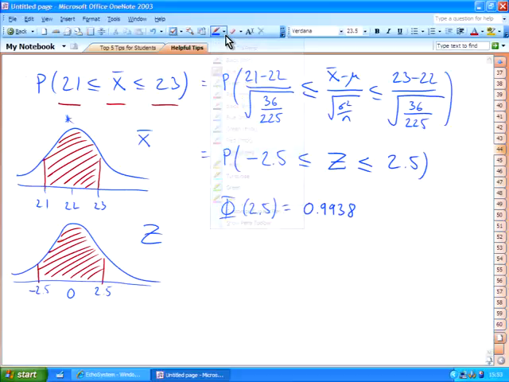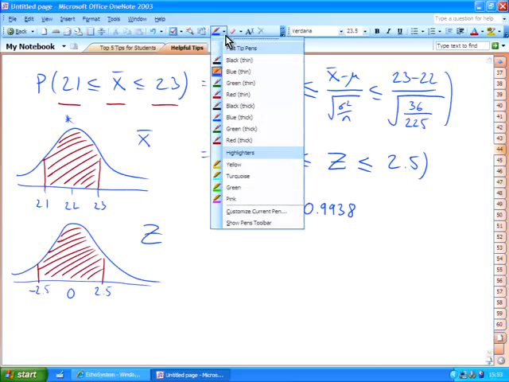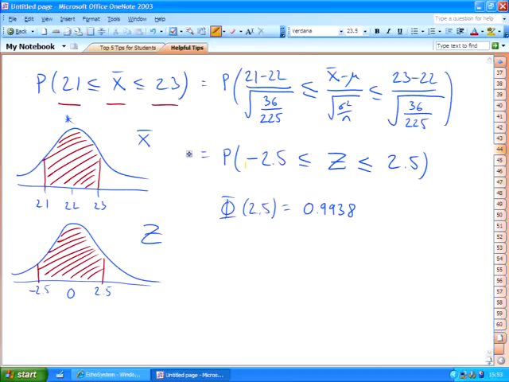Let's pick some yellow again, if we like yellow. The phi of 2.5 is all the shaded area plus this lower tail down here as well. Okay, because in full, the phi of 2.5 is equal to the probability that z is less than or equal to 2.5. So it's all values of z up to and including 2.5.